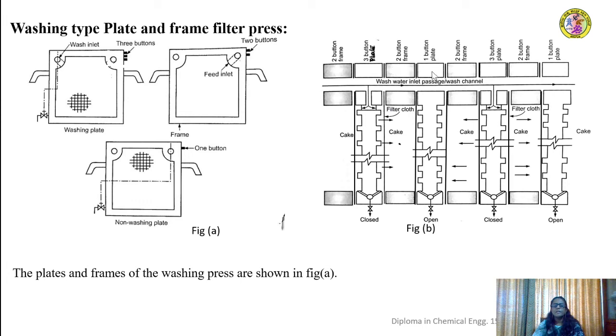So after one button plate, again a frame comes which is of two buttons, and the plate whatever that comes will be three button plate. So like this we can have an order of plates and frame like 2 3 2 1 2 3 2 1 like that. Okay, so that is how we can arrange the plate and frame filter press for a washing type of operation.